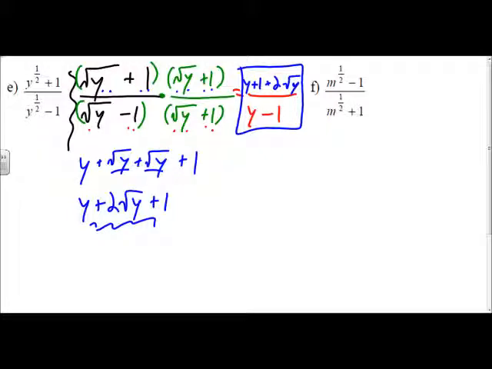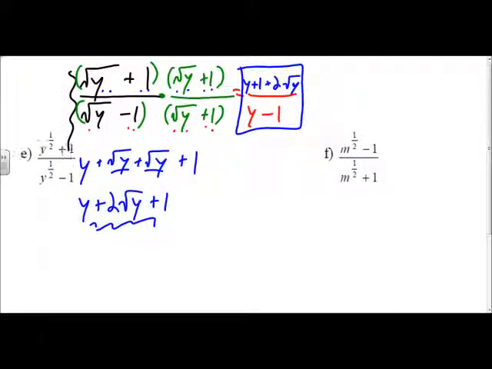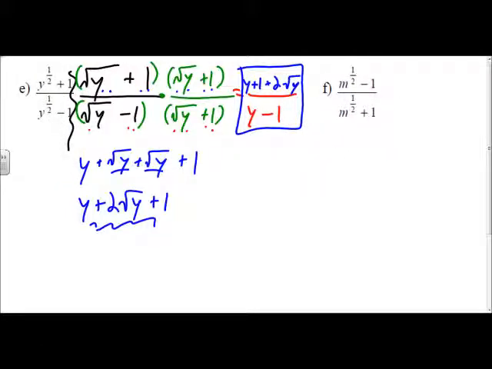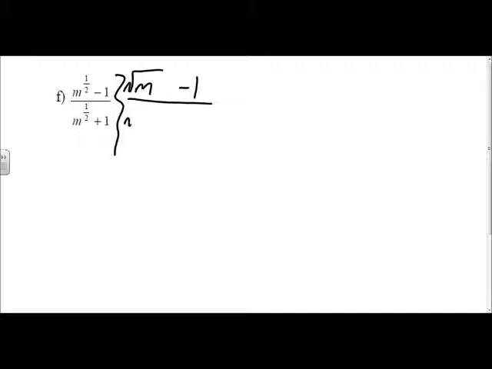Moving right along. There we are. I want to keep that up there actually. I'm going to erase this work. We'll move this one over to deal with. Again, we notice this as square root of m minus 1 and square root of m plus 1.